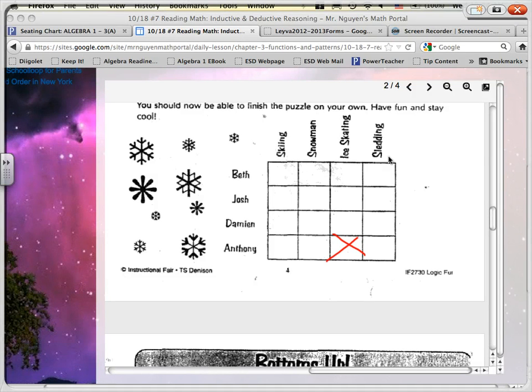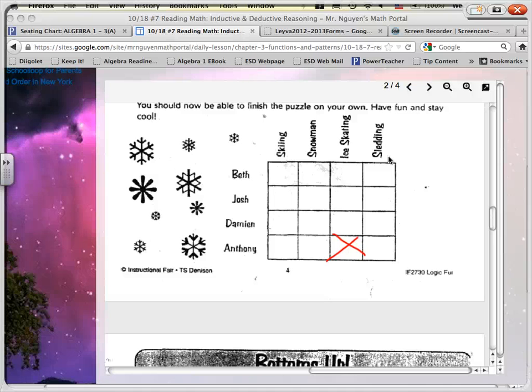So you put an X right through that box to indicate that Anthony's not ice skating, and he's the dad, right? You fill in the box. Okay, and then it says this means that Anthony's not the ice skater. So please, in the blank, write in Anthony is not the ice skater. Place an X in the Anthony ice skater box, and we already did it. Okay, that's the second clue.